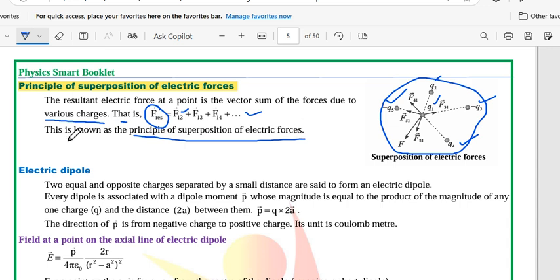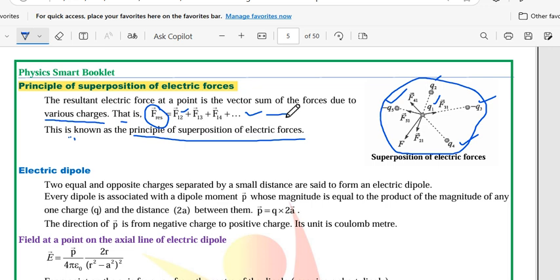You can also give the statement: according to the principle of superposition, the resultant force on any charge due to a number of other charges is the vector sum of all the forces acting on that charge due to the other charges. The individual forces are unaffected by the presence of other charges. This is the statement of the principle of superposition.